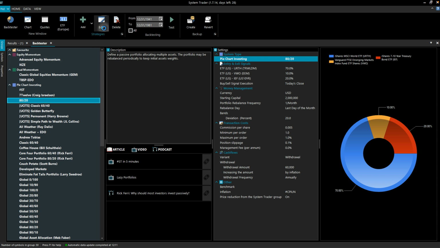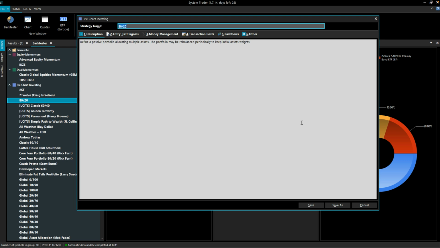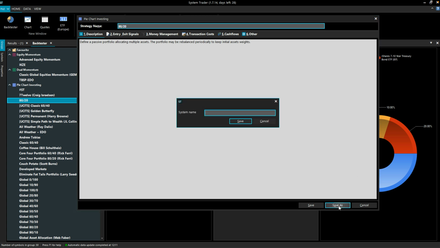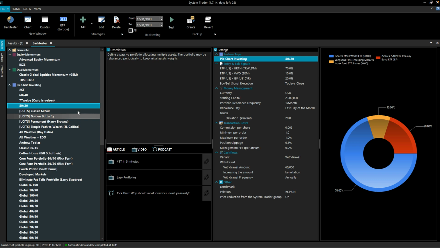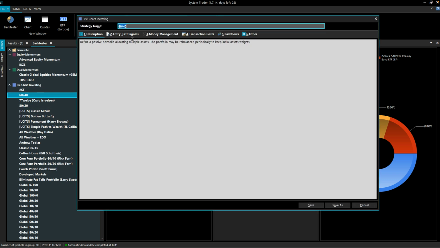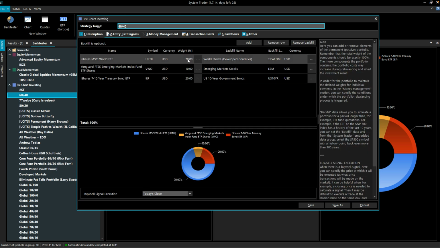For that purpose, let's take our 80-20 portfolio, make a copy, and call it 60-40. So we have it here. And now let's go to edit and adjust that portfolio to indeed have 60-40.